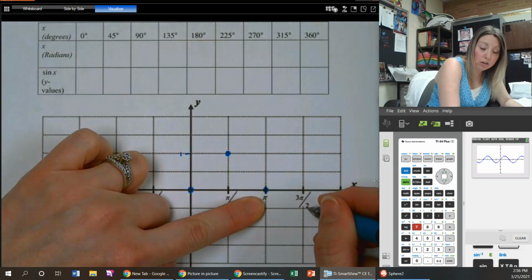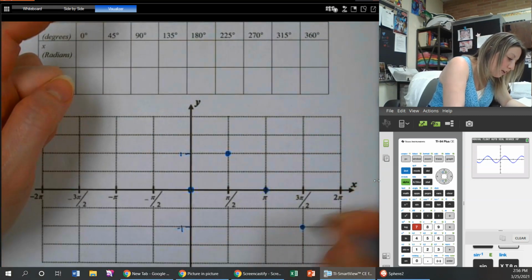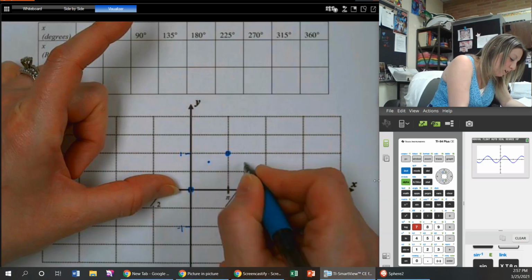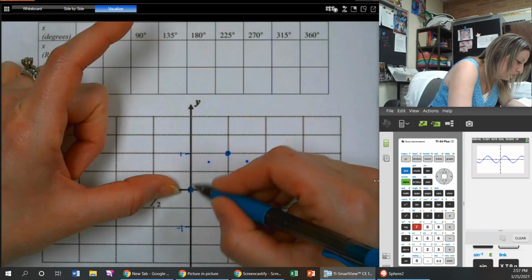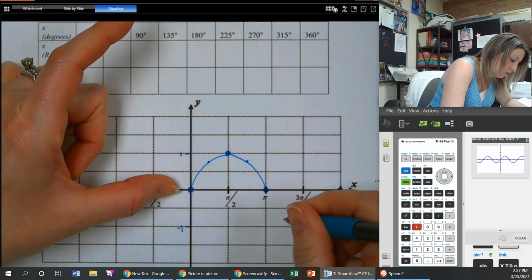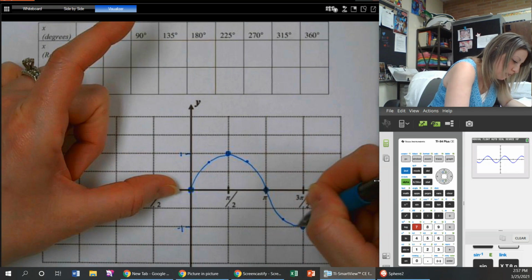For 3 pi over 2, you're down to negative 1, and then you're back up to 0 again. And in between, if you do that halfway in between, you're about here and here. And so if you sketch this way, and then down, you're here and here, those halfways, you're kind of halfway in the halfways.